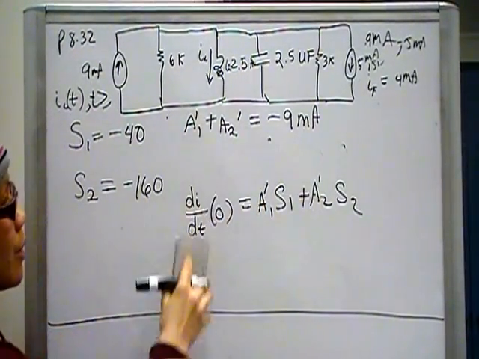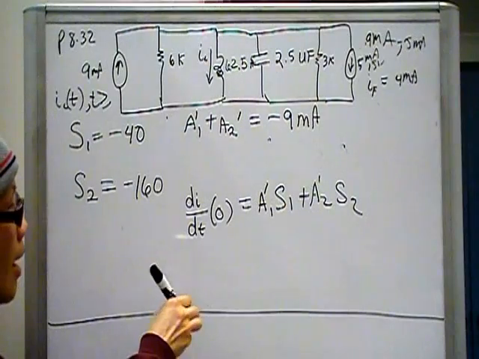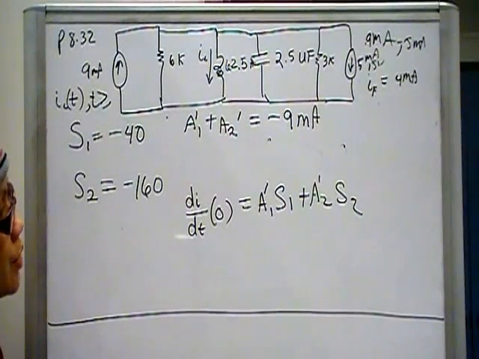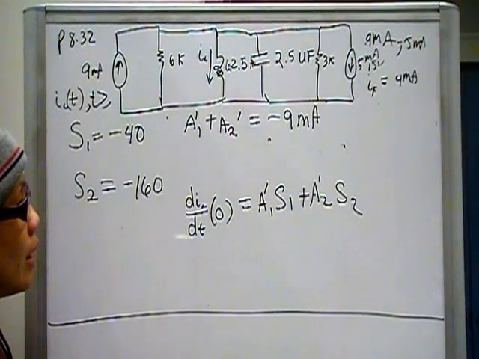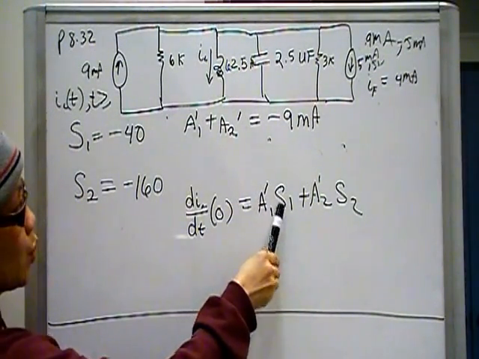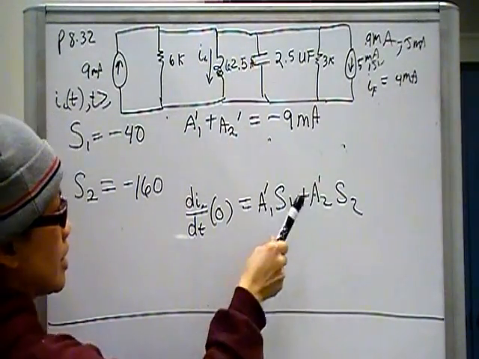Equation 2 that we need for solving this is di/dt, the change in current at time 0 of the inductor current, because that is what we're interested in, is equal to S1 times A1 prime plus S2 times A2 prime.